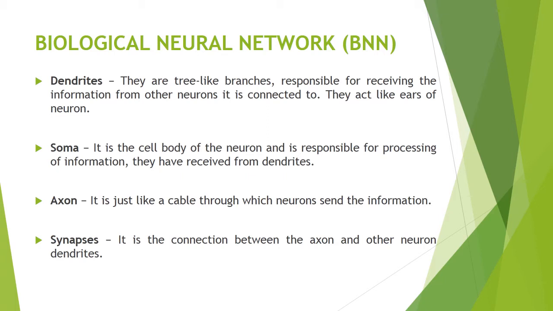Coming to the last terminology, that is the synapses, it acts as an interconnection, that is a connection between the axon and the dendrite. So this was a basic understanding of a biological neural network, or you can say a simple brain, the nerve cell of a brain.